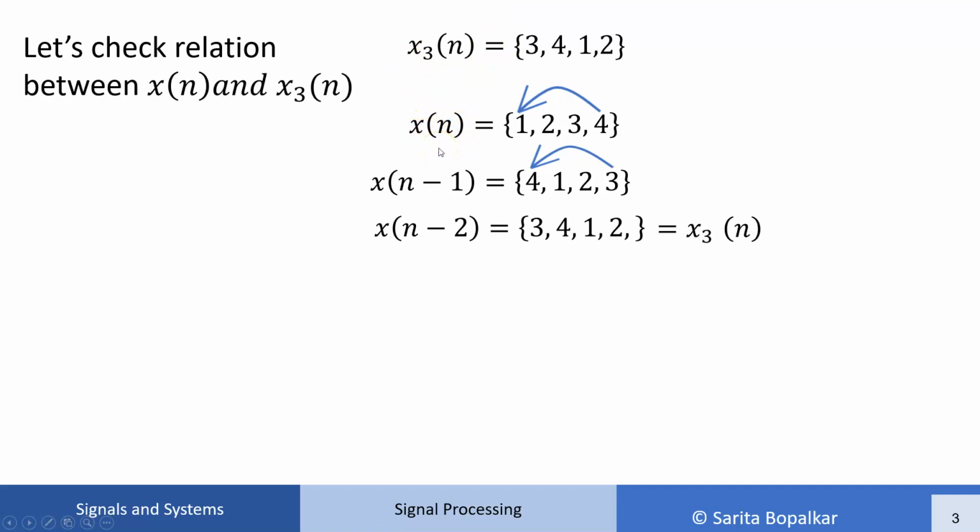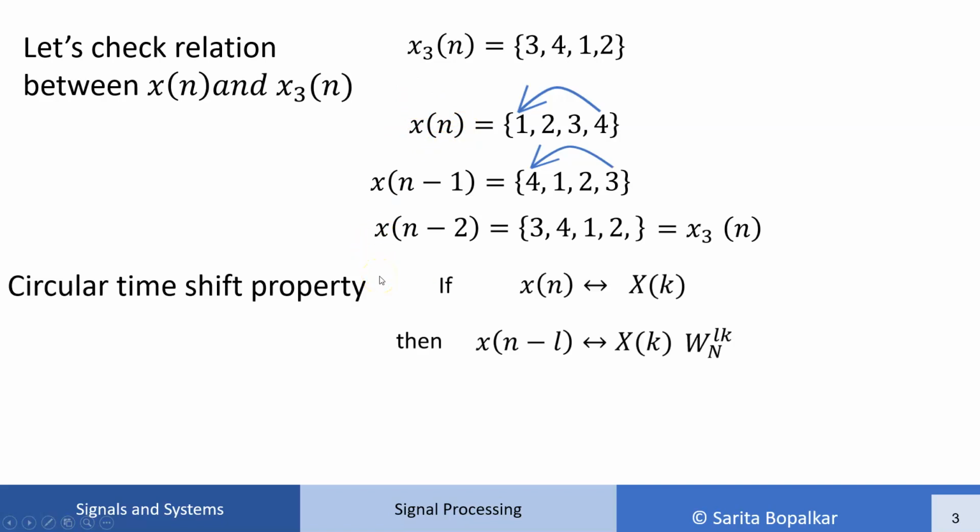So we can use the circular time shifting property here. If x of n is the sequence and we know its DFT is x of k, then we can easily find the DFT of the delayed version of x of n. For x of n minus L, x of k, which we already know, gets multiplied by W_N^{Lk}.